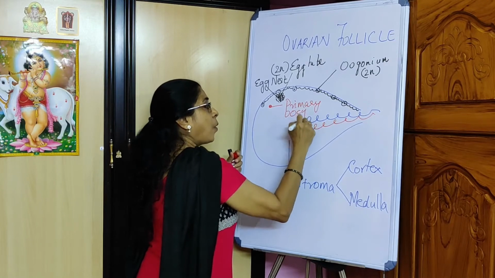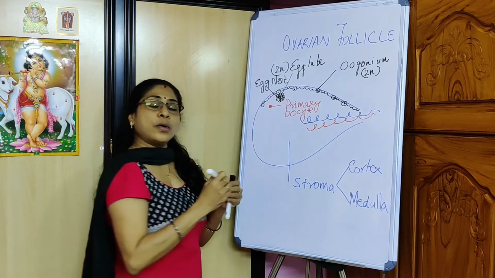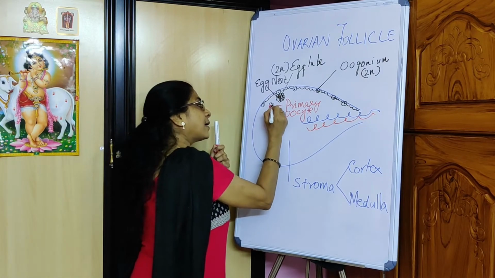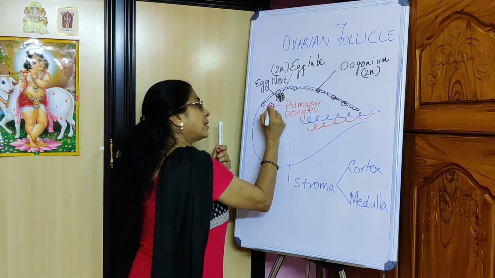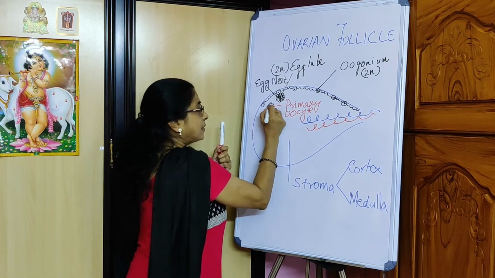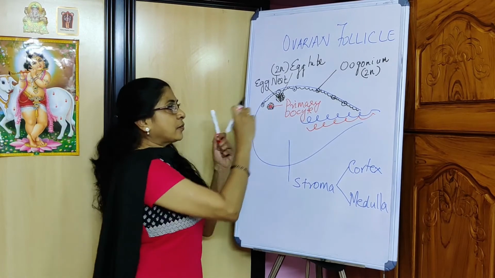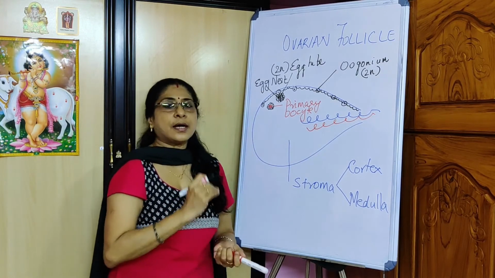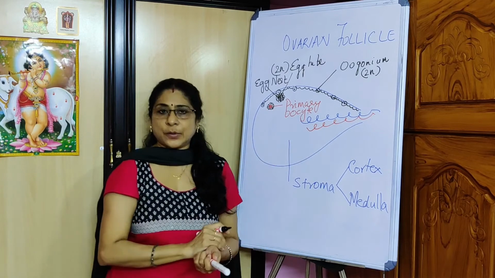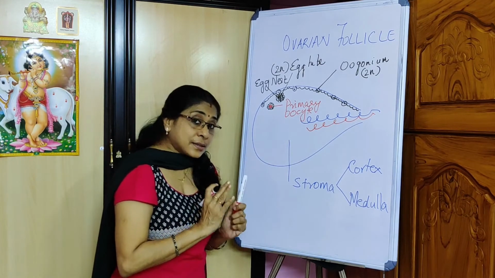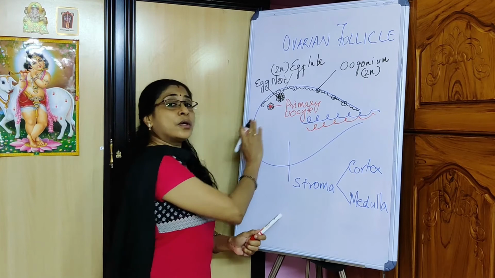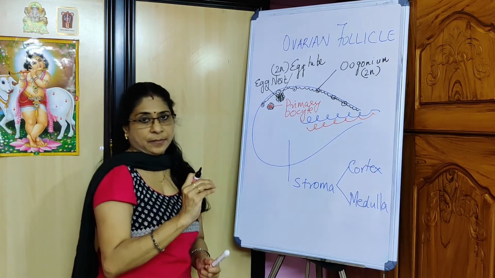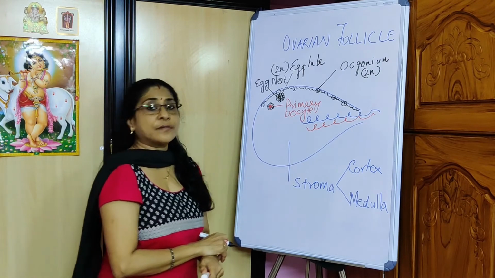All the other cells of the egg nest start aggregating around this primary oocyte as a single layer. It was a cluster, a mass of cells, but now it aggregates around this single primary oocyte, and at this stage it is called the primary ovarian follicle.